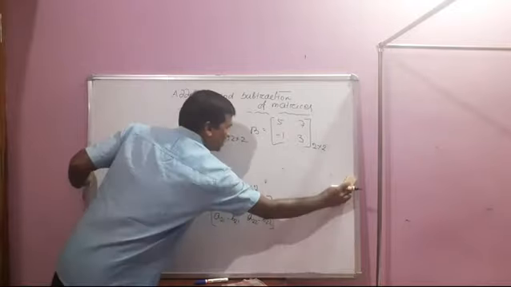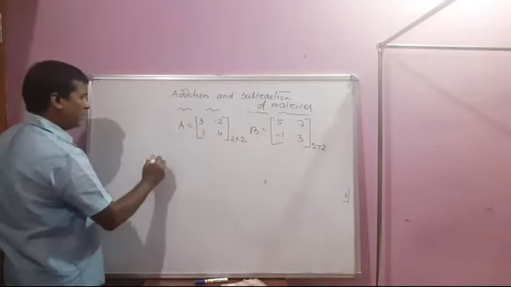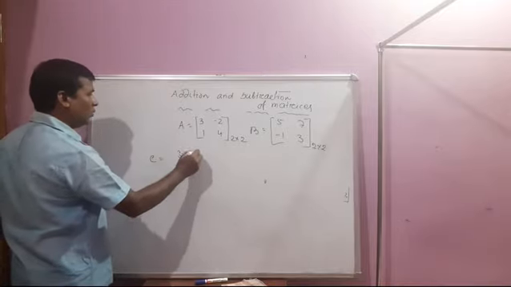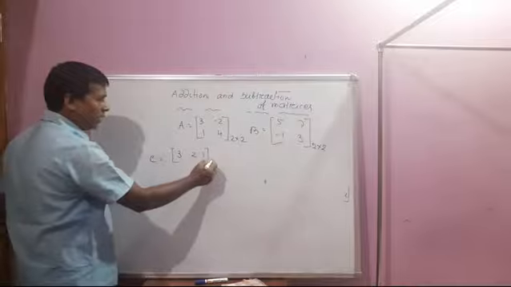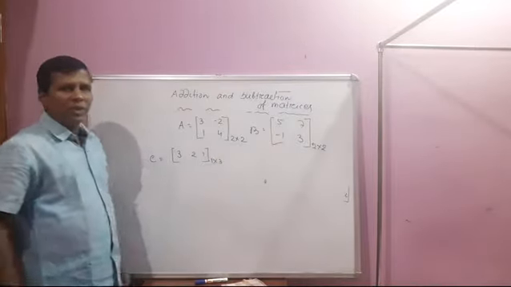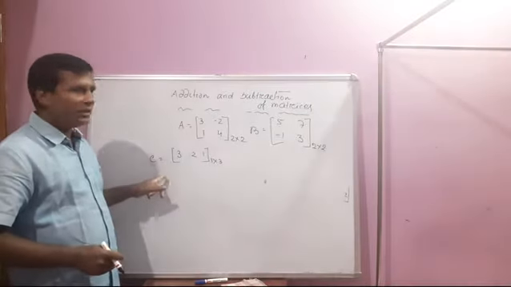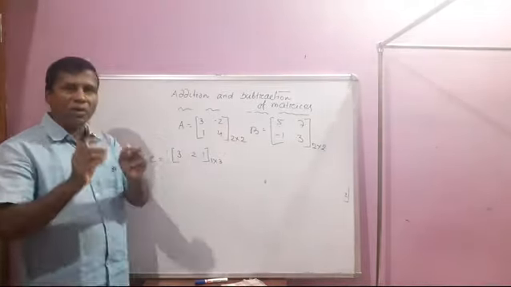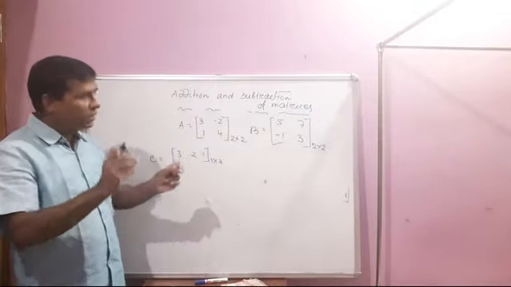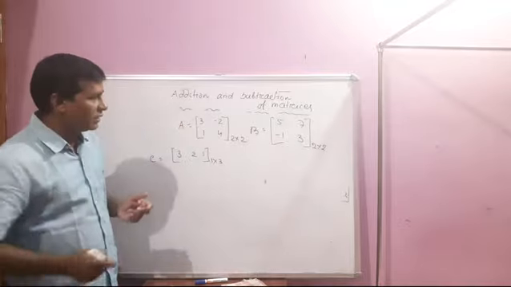Another matrix C is equal to 3, 2, 1. This is a row matrix of order 1 cross 3. We cannot add A and C, or B and C, but we can add A and B because the two matrices are of the same order, 2 cross 2.